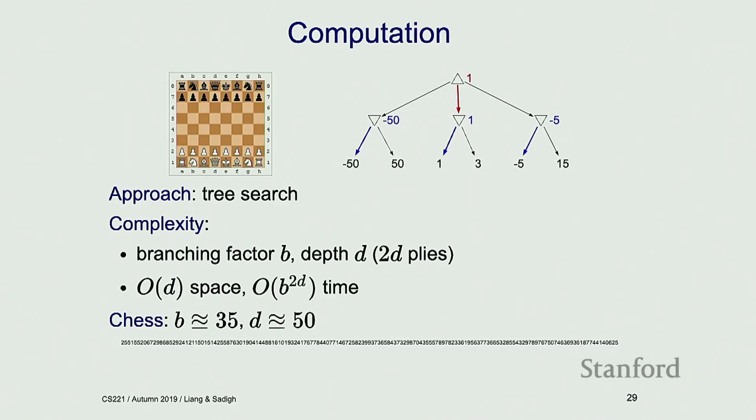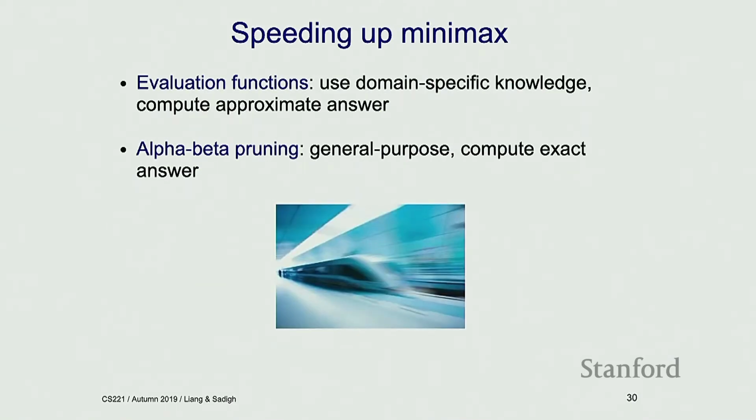So how do we make things faster? There are 2 approaches that we are talking about in this class to make things faster. The first approach is using an evaluation function. Using an evaluation function, we can use domain-specific knowledge about the game to define almost like features about the game in order to approximate this value function at a particular state.